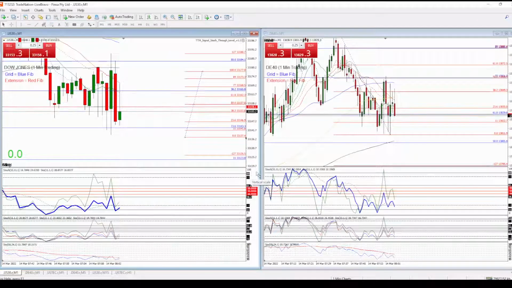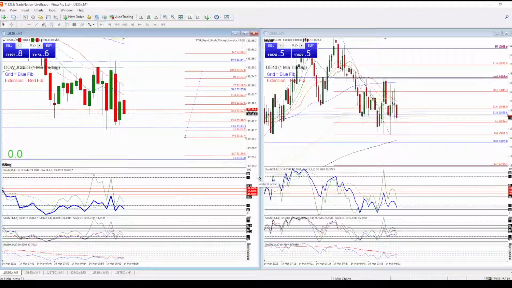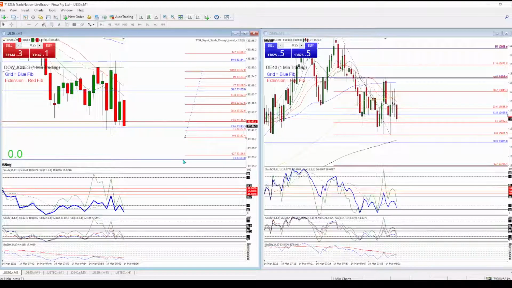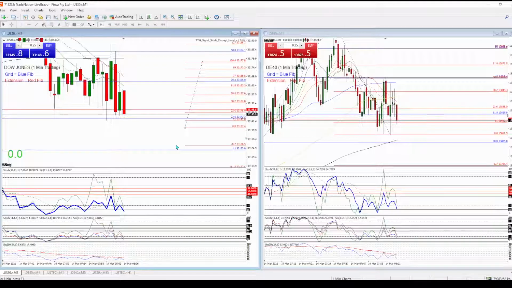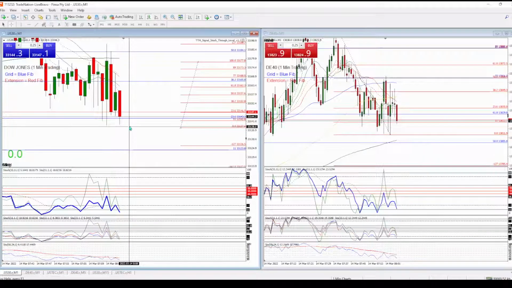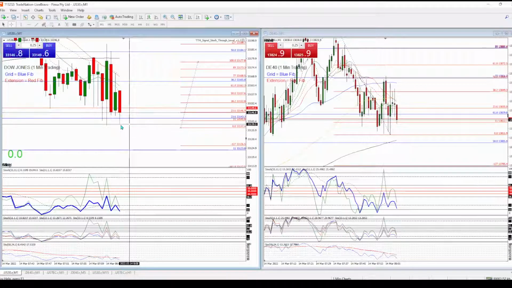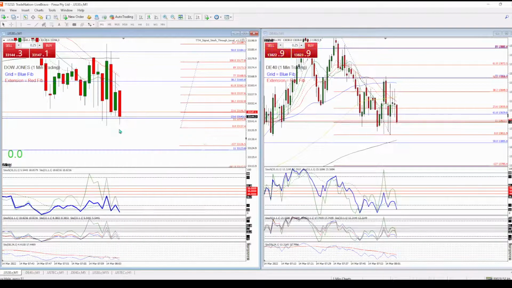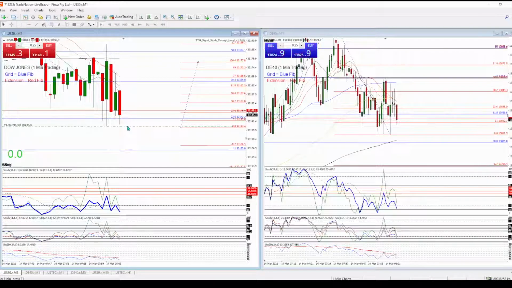Current resistance at the moment is 50 moving average on the 5 minutes. We've got 2 candles closing above it. See, 1, 2.